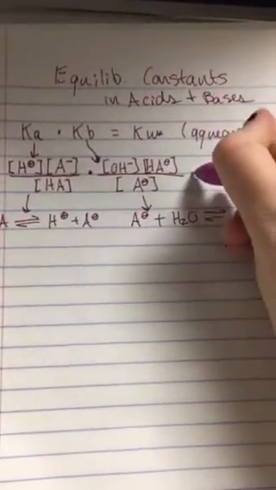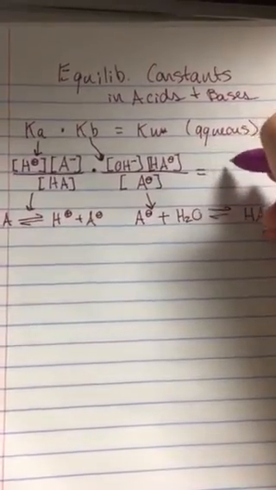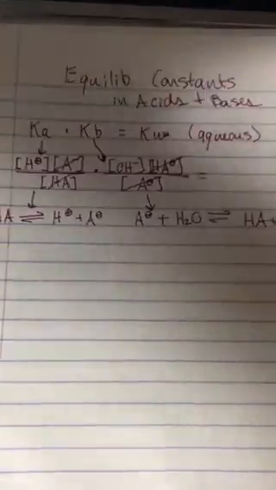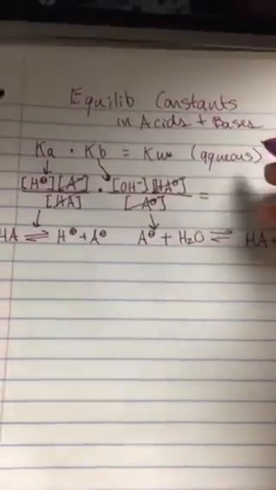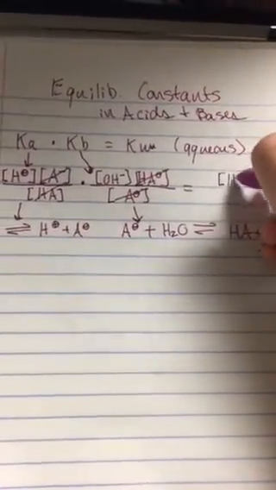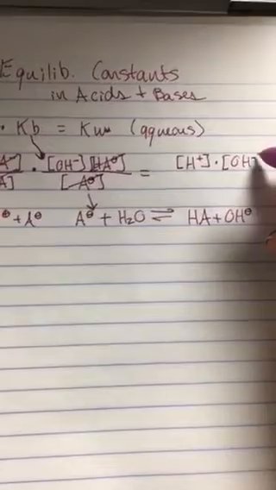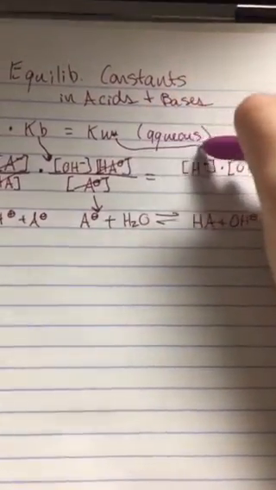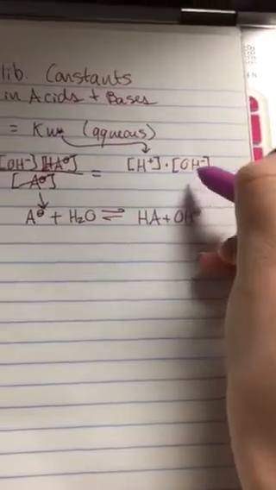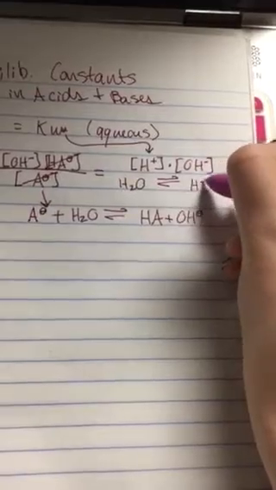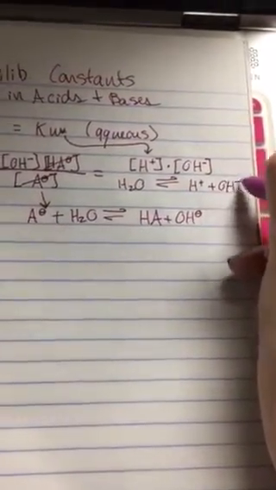And if you multiply these two by each other, this cancels with this, and this cancels with this. Essentially you have the H plus and the OH minus, and that's just the equilibrium of water, H2O separating to form H plus and OH minus.